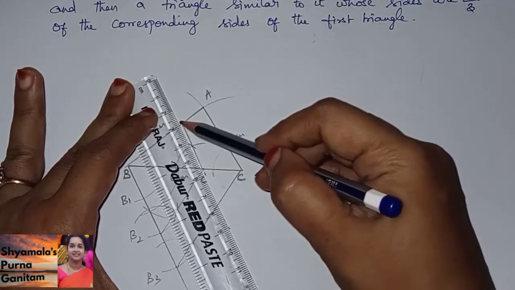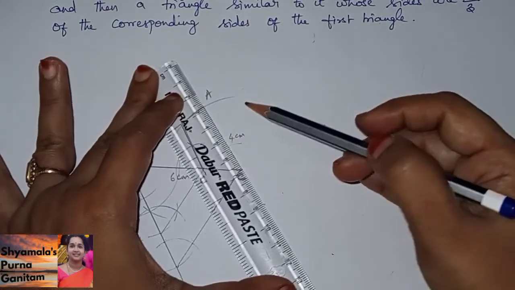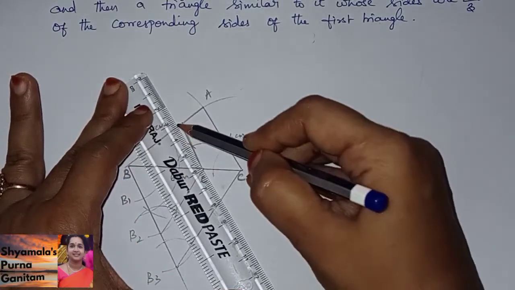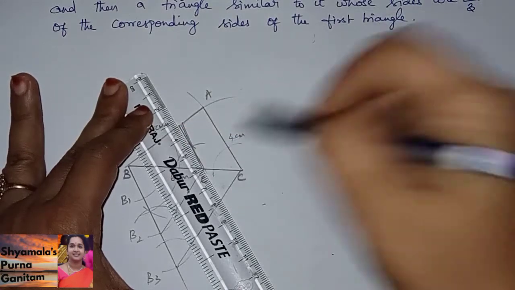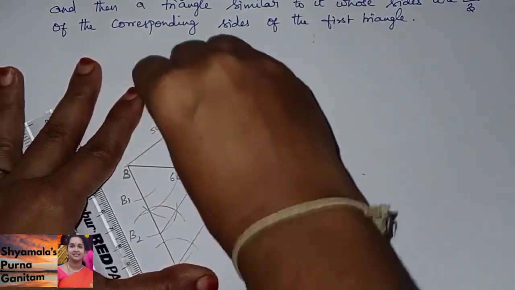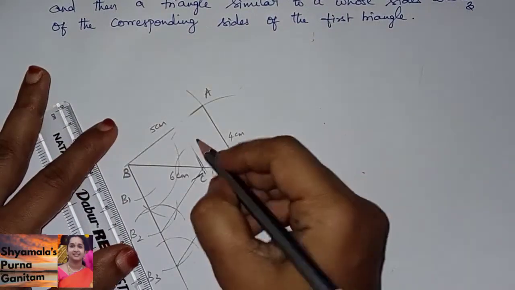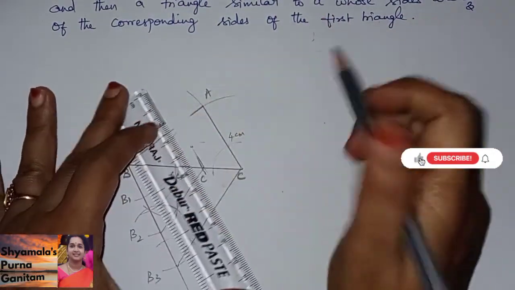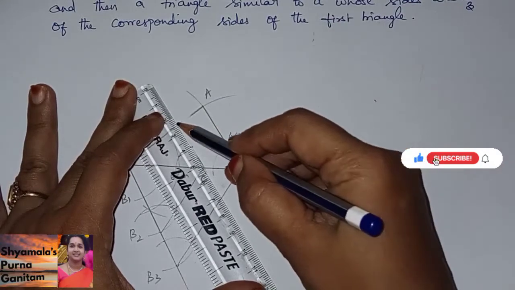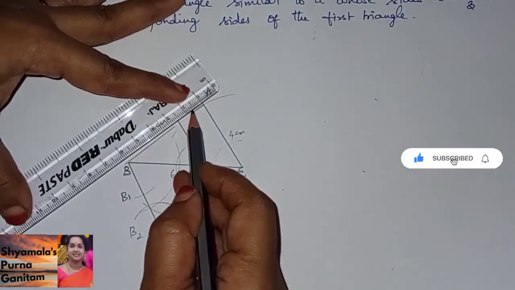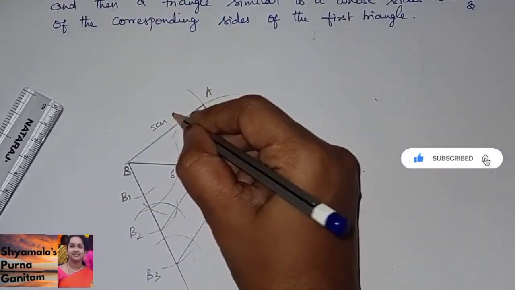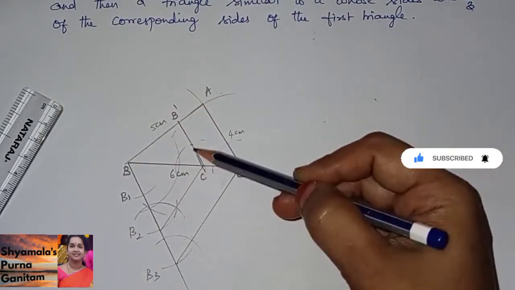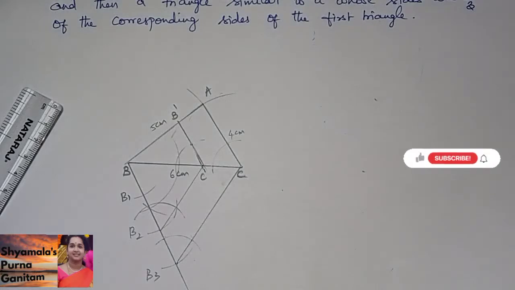So that will be parallel to this line. So AC and B dash C dash are parallel to each other.